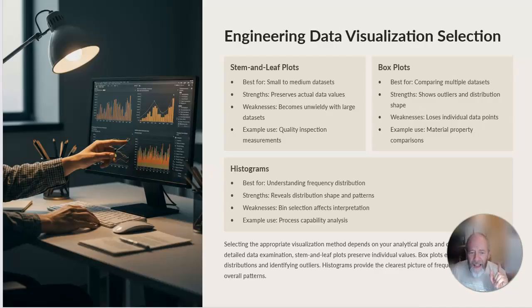Histogram, I really feel that when you need to understand the shape of a data set, how it actually looks shape-wise, the histogram does the trick. Now, be wary, because if you make a mistake in bin selection, making them too tight or too large or whatever, it may not give that to you.